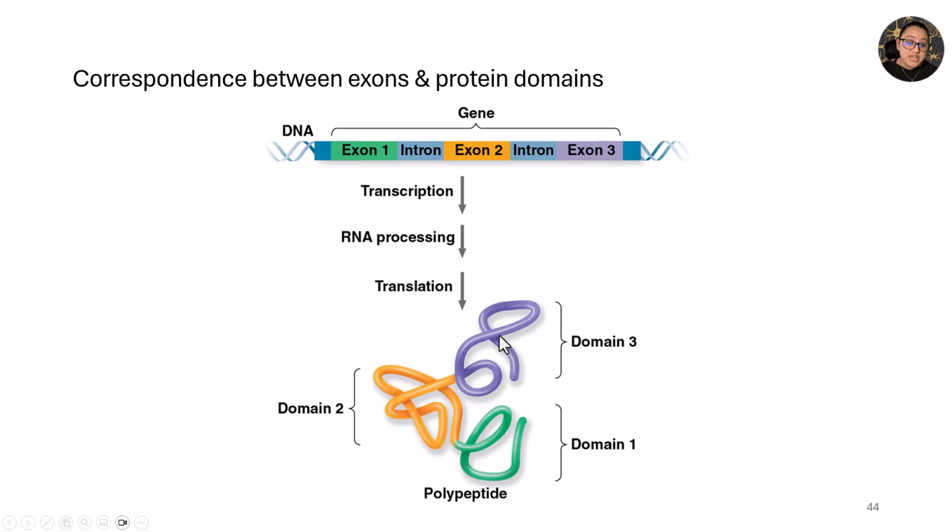But maybe you want to make a different version, and so you only express exon 1 and 2, and then you make a different polypeptide that's only this. Or if you wanted to make exon 2 and 3, then you would make this polypeptide. So each exon can code for a different domain of a polypeptide.